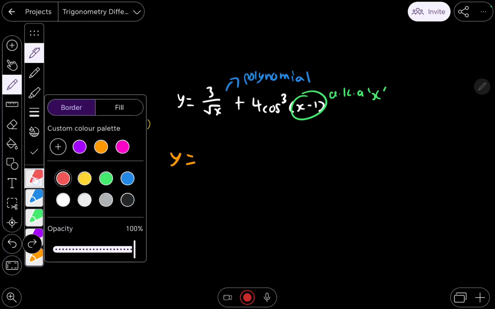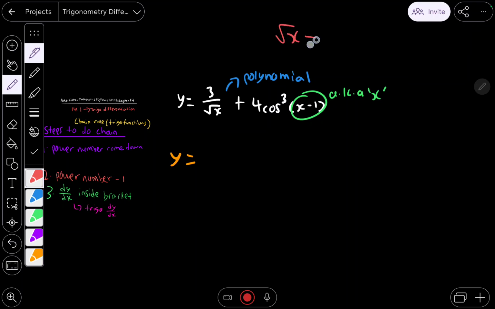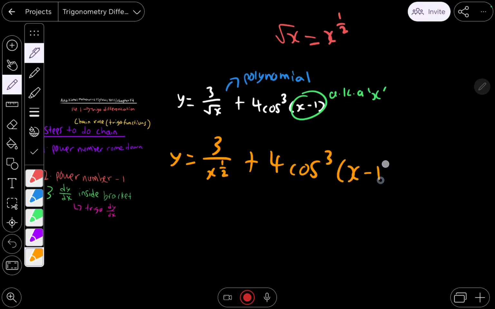We do know that square root x is the same as x to the power of half. So actually I will change it to 3 over x to the power of half plus 4 cosine cubed bracket x minus 1. Okay, but is it in a nice form to differentiate? Again, no, right? Because of this thing here that's affecting us.